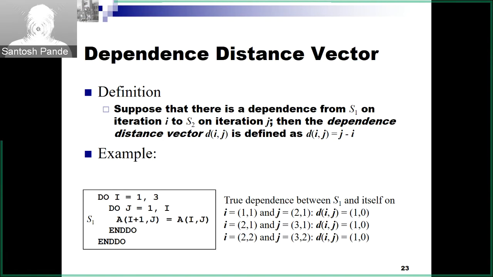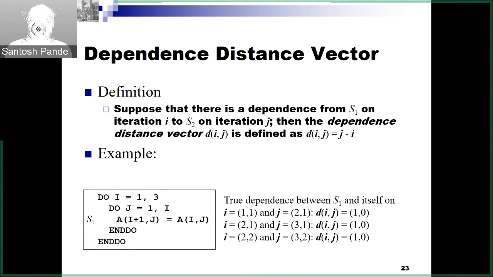If you look at the differences between the I and j components of the vector, that is 1, 0. So this is the dependence distance, and it is basically 1, 0. That means in the I outer dimension it is 1 and inner dimension it is 0.